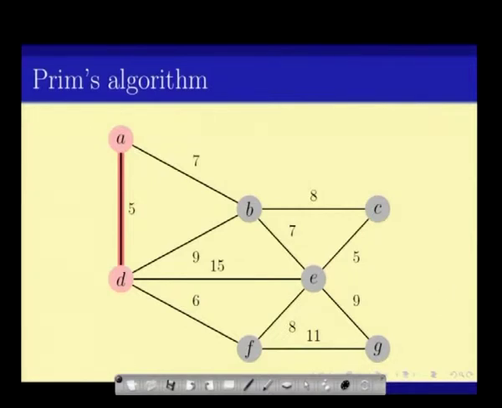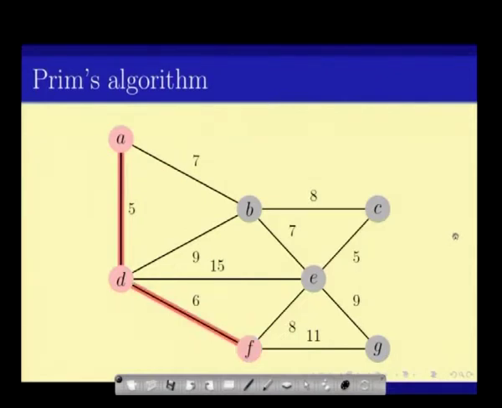Now, my current graph is this graph AD. So, we look at all the edges that go out of AD and pick the smallest. We have the edges 7, 9, 15 and 6. So, the next weight must be 6 and we will pick that edge.